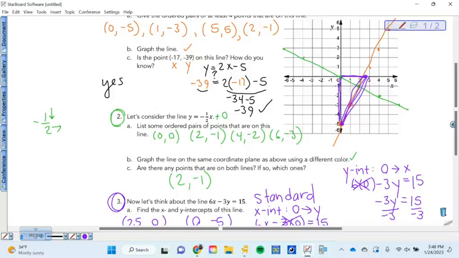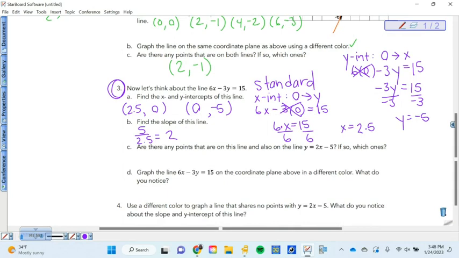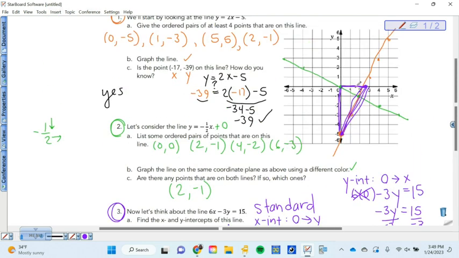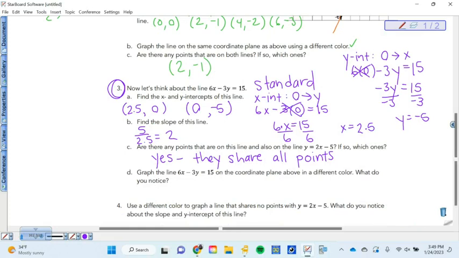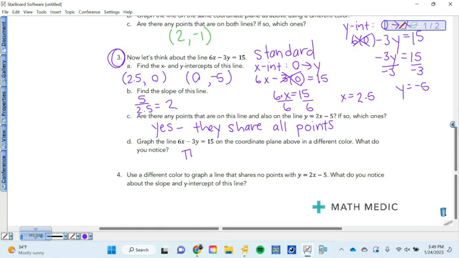They share infinitely many points because they are exactly the same. So, yes, they share all points. This purple line and the orange line are the exact same line.